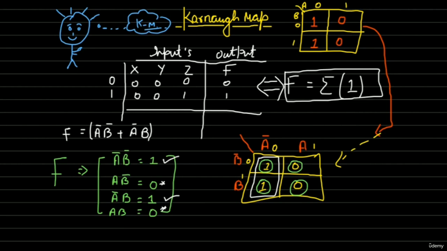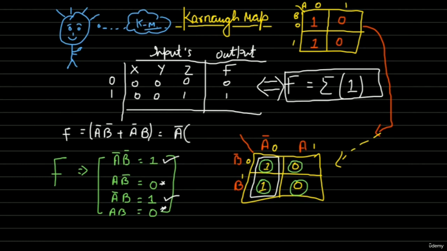But it can further be simplified. How? Well, very simple. We can take a few things in common. Like here, we can take A dash common from both the terms.